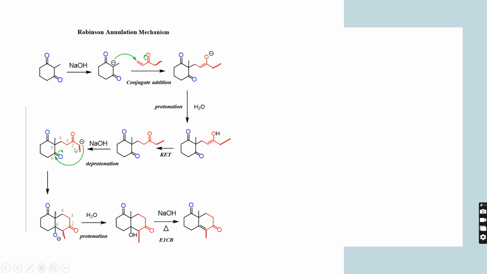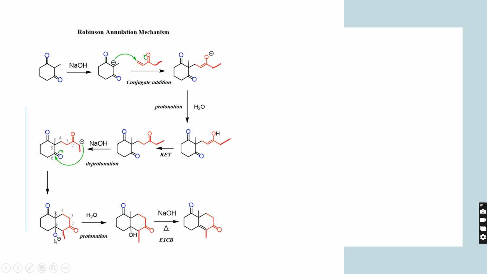Now this carbanion can easily attack either this ketone or this ketone, it doesn't matter, the product will be the same because this is symmetric. So let us consider that it is attacking at this carbonyl, and after attacking you can show the arrow pushing towards this carbonyl oxygen to get a negative charge at this oxygen atom.